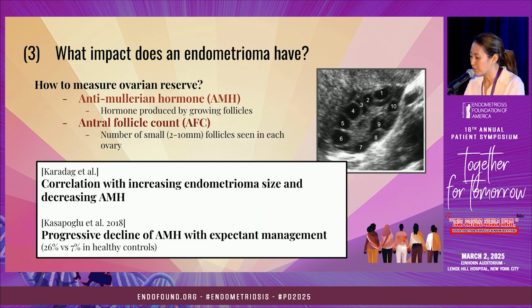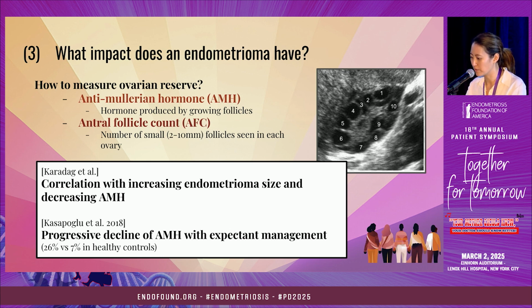So how do we measure the ovarian reserve? Some of you might be familiar with this. We use a number of measures, but these are two of the most common. A blood test called the anti-Müllerian hormone, AMH, is a hormone produced by your growing follicles. The REIs, the fertility specialists, tend to use antral follicle count as well, where they're actually counting the number of follicles.